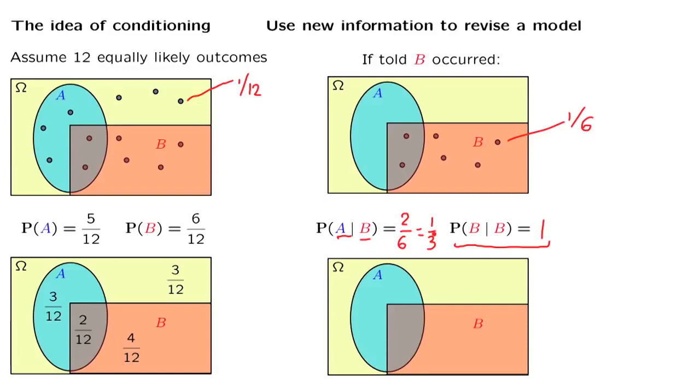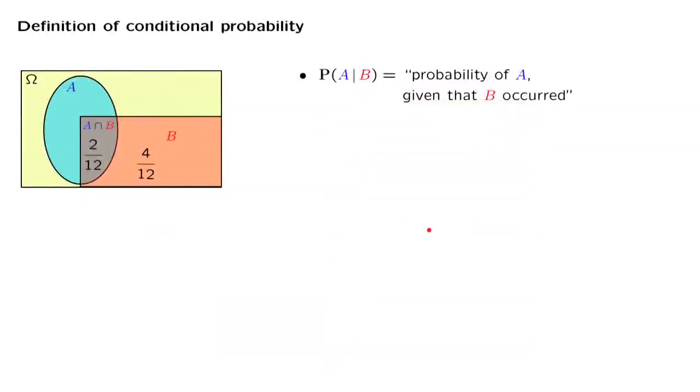By now, we should be satisfied that this approach is a reasonable way of constructing conditional probabilities, but now let us translate our reasoning into a formula. So we wish to come up with a formula that gives us the conditional probability of an event given another event.